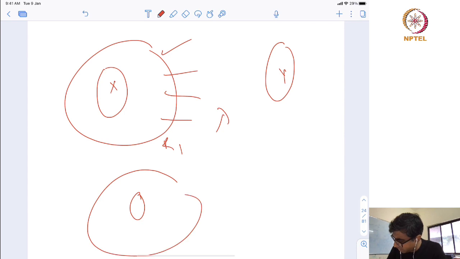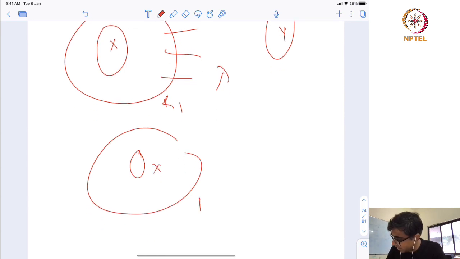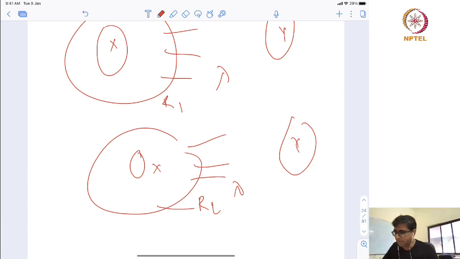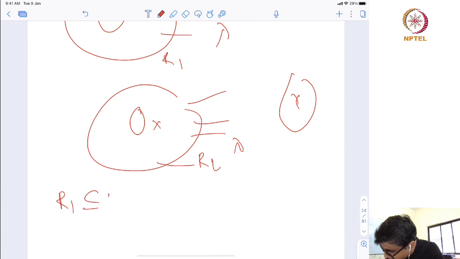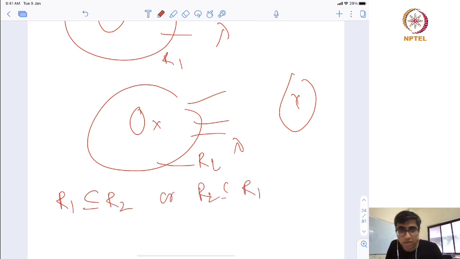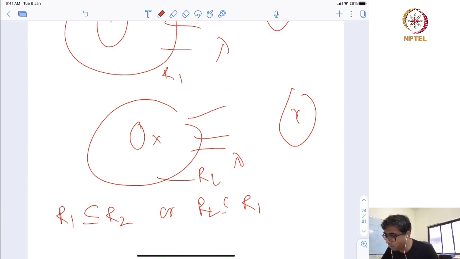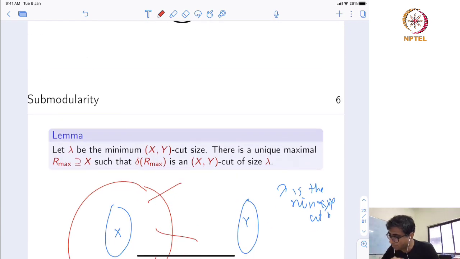And there is another one with x and say R2, where the number of edges going out is still lambda. Then we will be able to show that R1 is contained inside R2 or R2 is contained inside R1. Or in other words, this lemma tells us that there is a unique maximal R max that contains x.